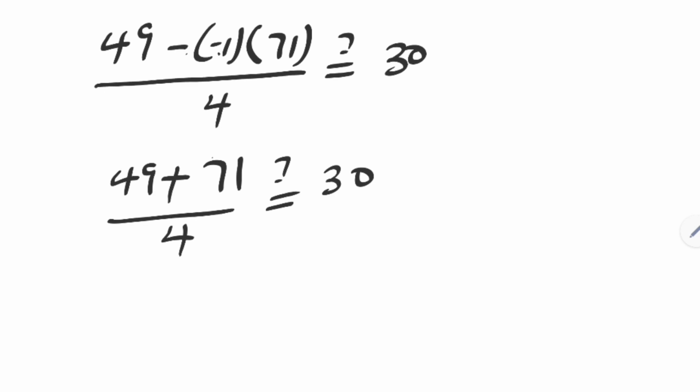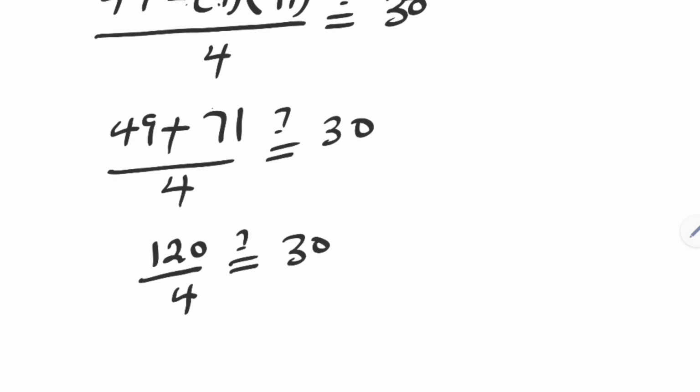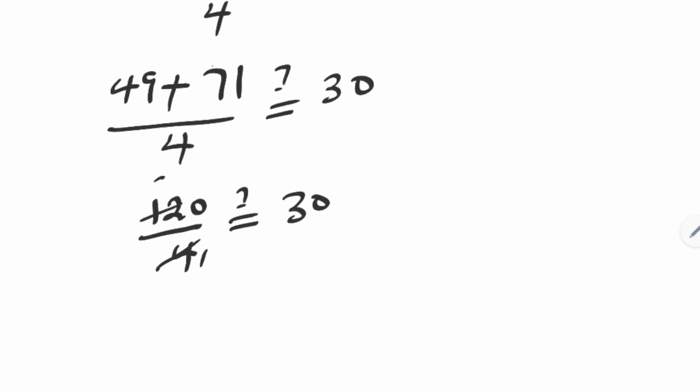Now here 49 plus 71, this is 120, divided by 4 must be equal to 30. 4 here 1, 4 here 3. 30 is equal to 30, which is true.